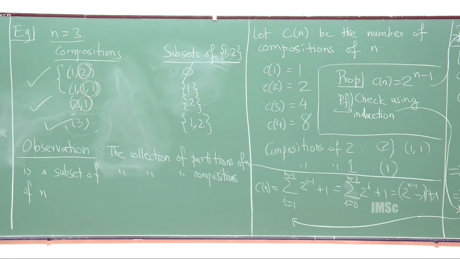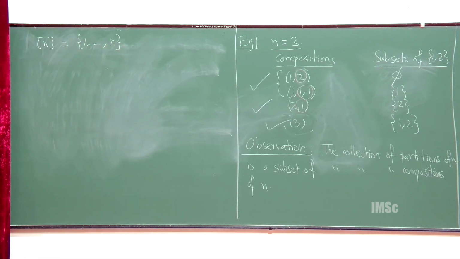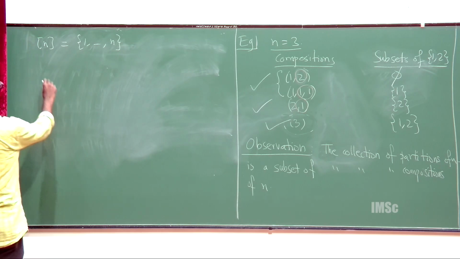Okay. So now what we are going to do is to find a bijective proof. We want to construct, so you're familiar with the notation 2 power n? Okay, so let me define that. So box n for me is the collection 1 to n, it's just the set 1 through n, it's just helpful to write.